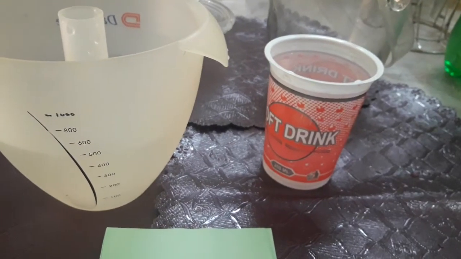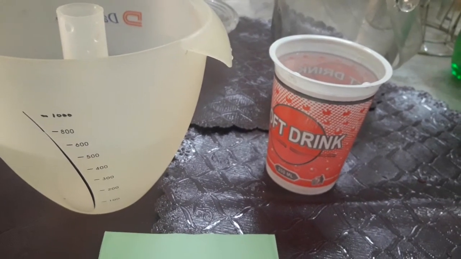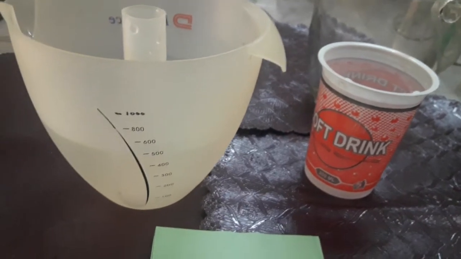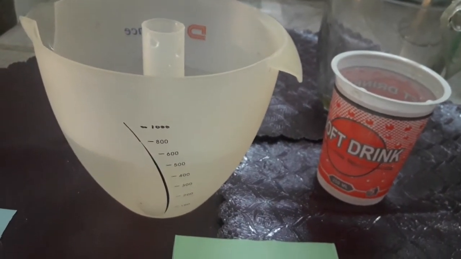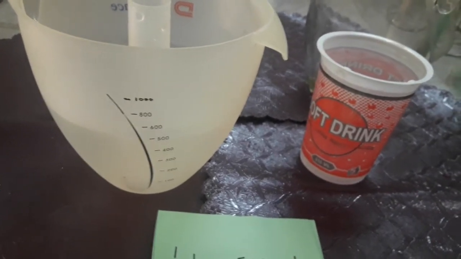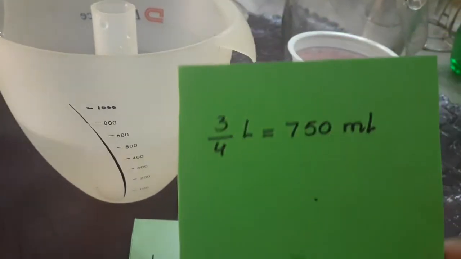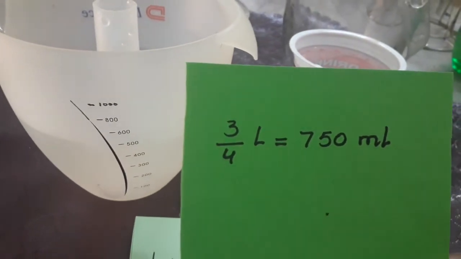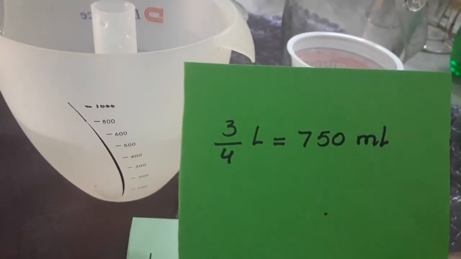Students, and now I again fill the glass of water, you can see here, and I will pour it into this container. Okay, and three glasses of water will make 750 milliliters. So it is equal to 3 by 4 liter.